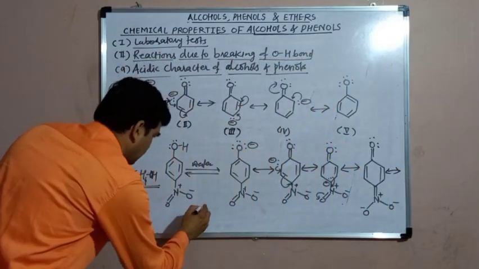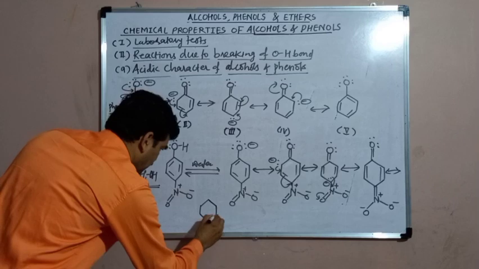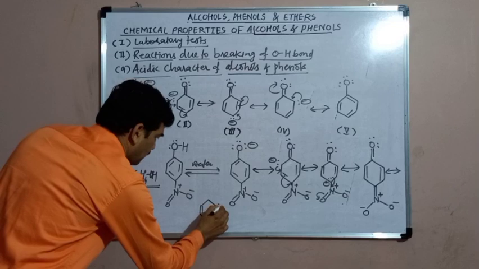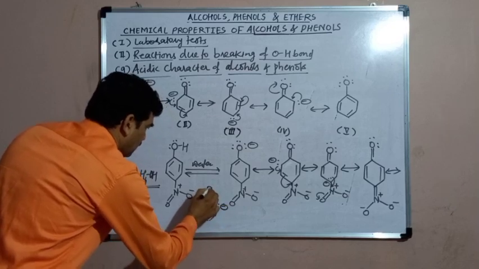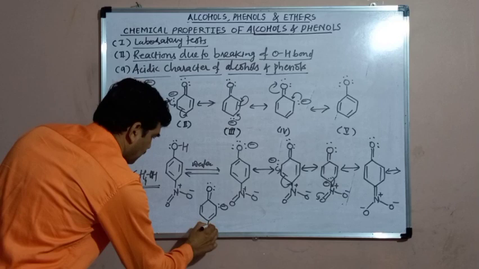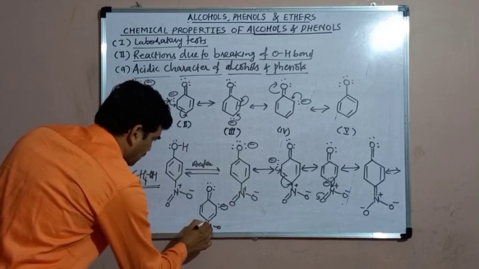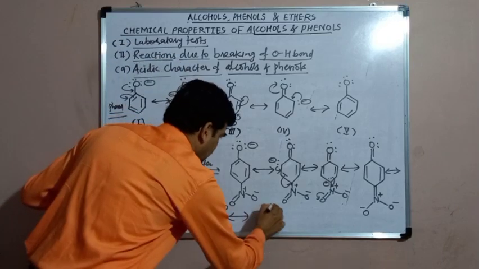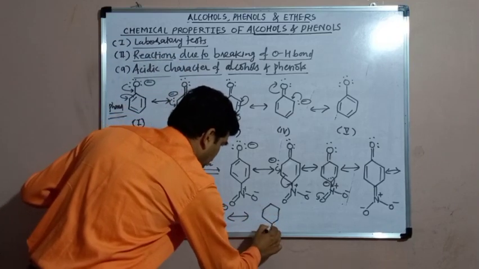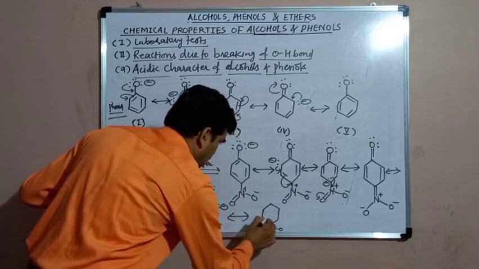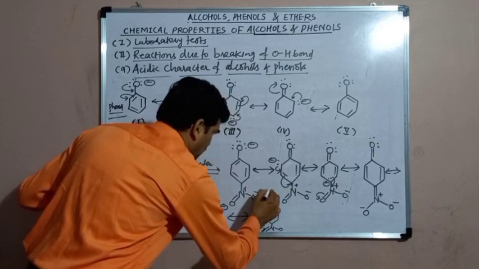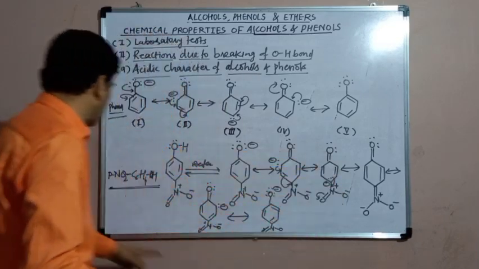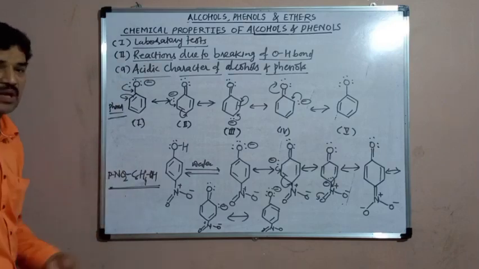Further resonance occurs here. Lastly, these are the resonating structures for the phenoxide ion generated from para-nitrophenol.